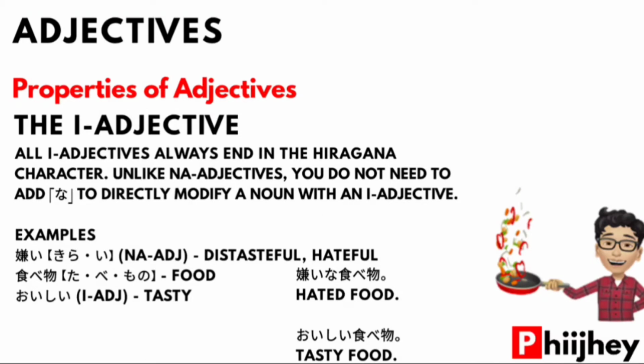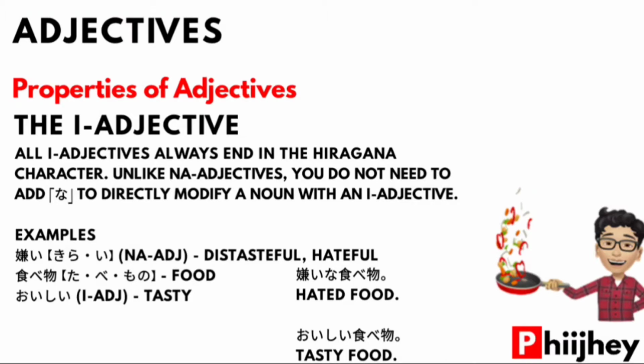The next one is the i-adjective. All i-adjectives always end in the hiragana character i. However, you may have noticed that some na-adjectives also end in i, such as kirei. So, how can you tell the difference? Actually, there are very few na-adjectives that end with i, and those are not usually written in kanji.